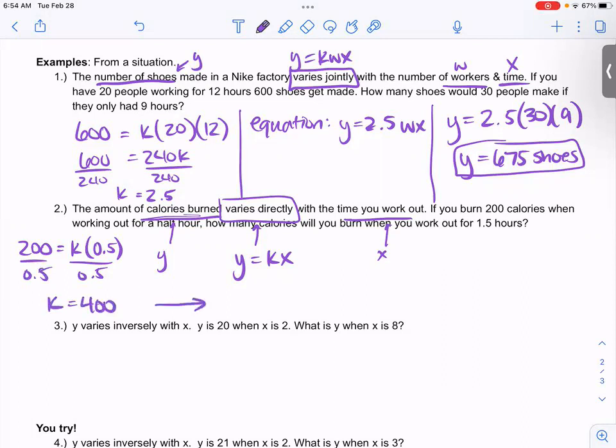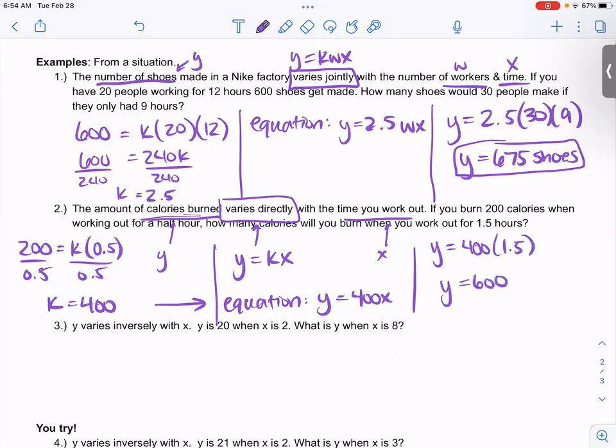This translates to the equation, which is now y equals 400x. If you think about this, this is really saying you burn 400 calories for every 1 hour. So this translates into how many calories, that's y, equals 400 times 1.5 hours. This gets us to 600 calories.